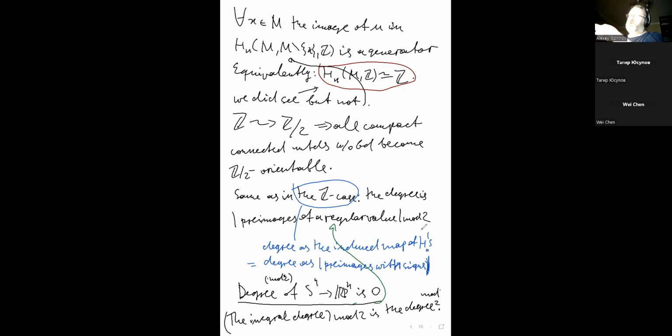But for standard homology and cohomology, we did see this argument when we take the source manifold and collapse everything except some neighborhood of the pre-image of a regular value. So we end up with a map from a wedge of spheres to the sphere, and we only need to understand what it does to individual spheres.